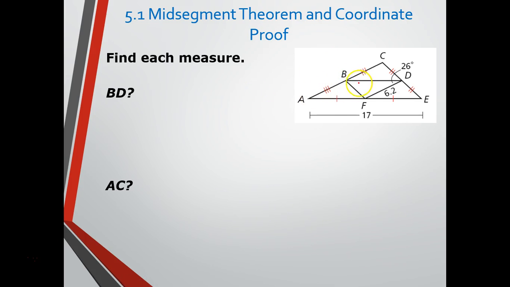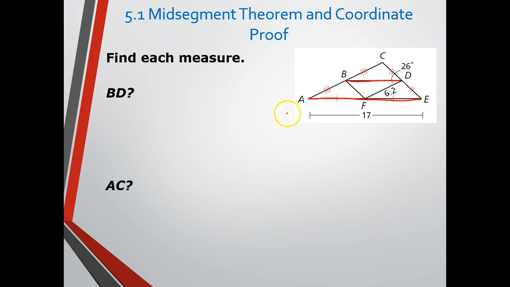BD is right here, and that is parallel to our segment right here, AE. The two lines that are parallel to one another, they are midsegments of each other. Well, AE and BD. BD is the midsegment of AE.